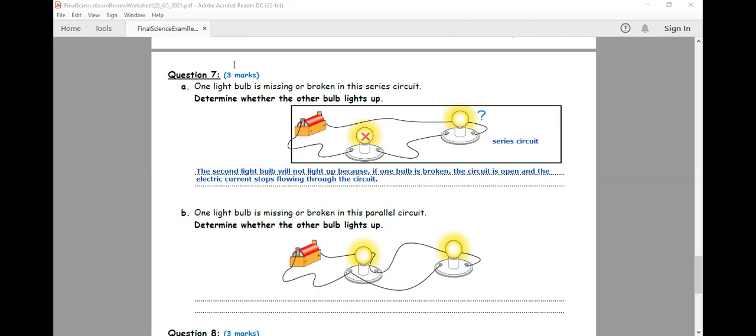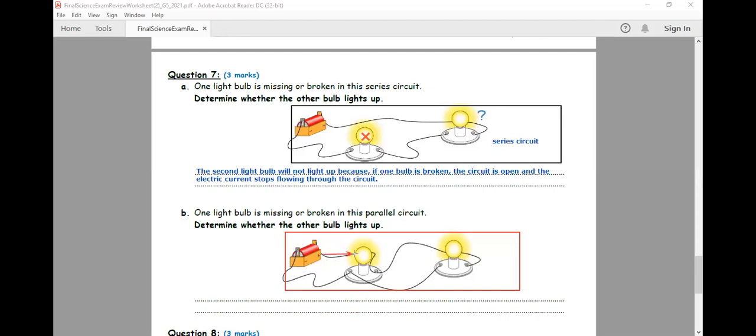Okay. The second light bulb will not light up because if one bulb is broken, the circuit is open and the electric current stops flowing through the circuit. Look at the second circuit. It is a parallel circuit. It will still light up because it is parallel.